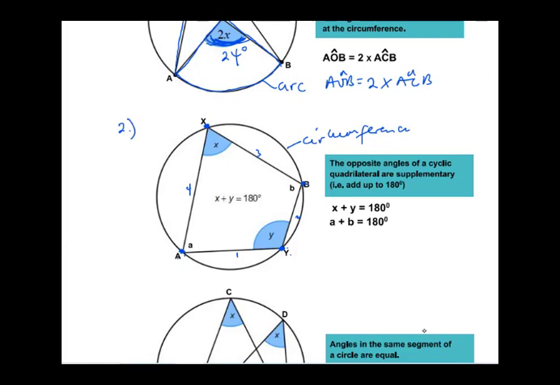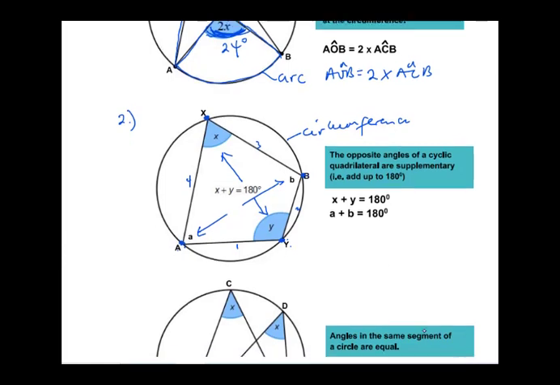And the rule is that the opposite angles of a cyclic quadrilateral, you can see X and Y, are directly facing each other, they are opposite. So X plus Y equals 180 degrees. And also A and B are opposite, so A plus B equals 180 degrees. So note, the opposite angles of a cyclic quadrilateral are supplementary. That is, they add up to 180 degrees.